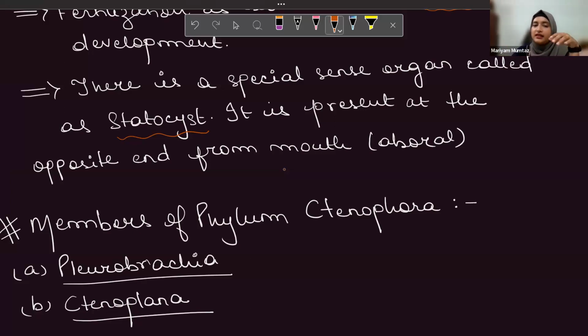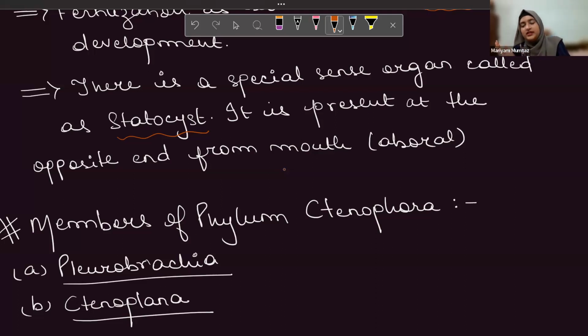It is present at the aboral part, meaning the opposite end from the mouth. Since it is a ball, just imagine if the mouth is on this part of the ball, then the statocyst would be present opposite, on the underside. Anywhere the mouth is, the statocyst would be present on the opposite side.